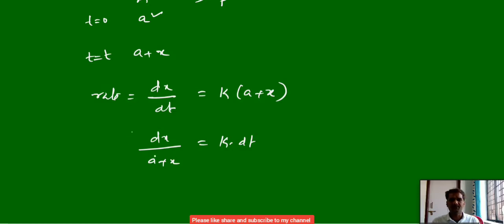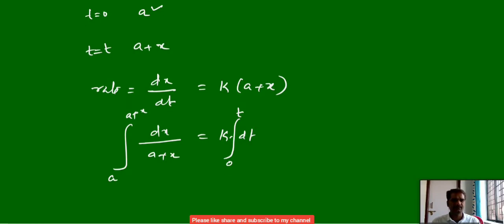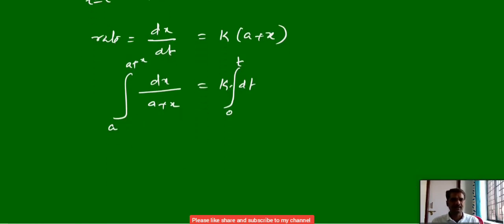Now apply integration on both sides within the limits, initial concentration a to a plus x, and time 0 to t. This is like 1 by x dx, so you will get ln x within the limits of a to a plus x. So ln of (a plus x) minus ln of a is equal to kt.